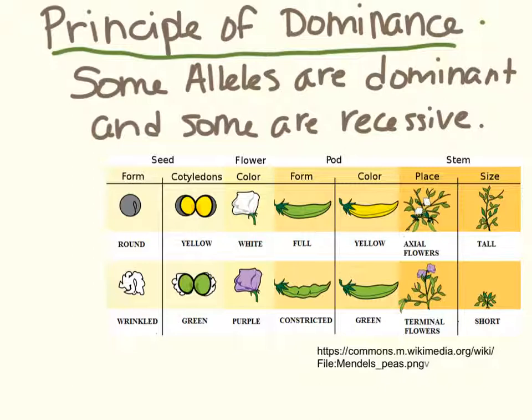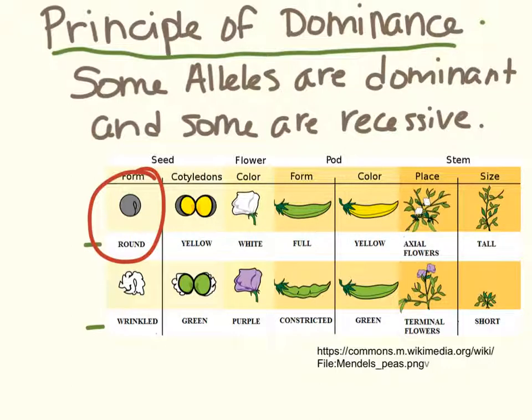One of the things that Mendel came to in his conclusions is called the principle of dominance, and this states that some alleles are dominant and some are recessive. In his experimentation, he found that if he crossed a round with a wrinkled plant, all of the times those were crossed, they ended up with round offspring.